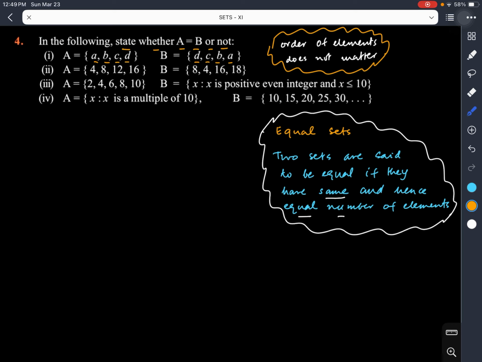So in this part, we can see that each element of A is also an element of B. So here we can say that set A is equal to set B.